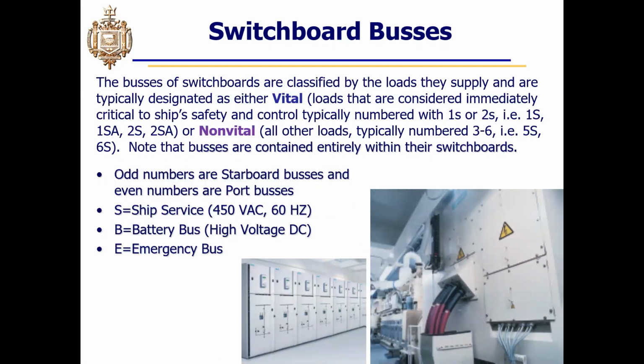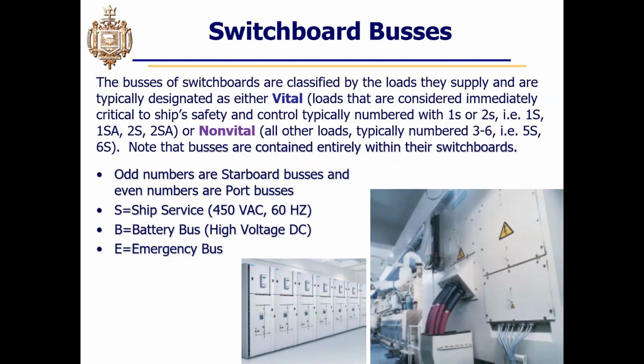When you see the switchboards on the electric plant, they're going to be divided up as being either vital or non-vital. Vital switchboards supply vital loads, which are considered immediately critical to ship safety and control. Things like lighting, things like rudder control, things like all of your alarm and indicating circuits.